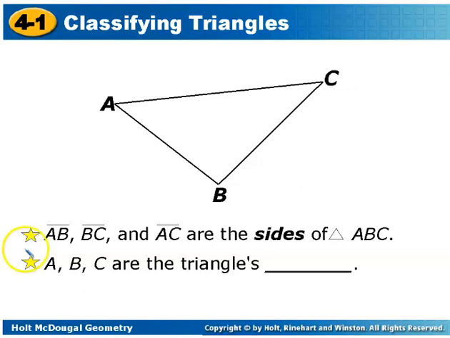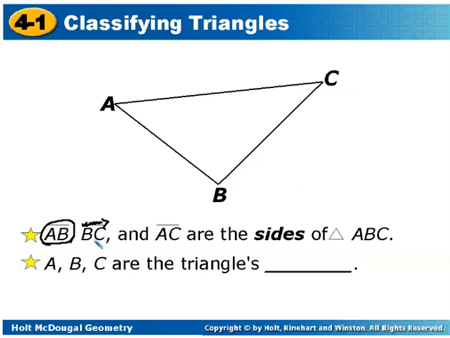Now I want to remind you that when you name your sides, you need to use our naming conventions. If we forget to put the line above, then we're naming it incorrectly, or if we were to put an arrow on the end of it, again, that means something totally different.